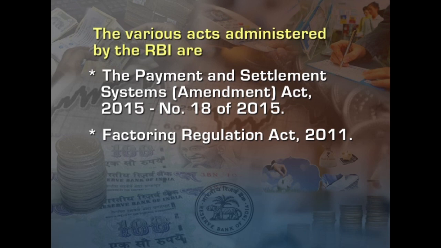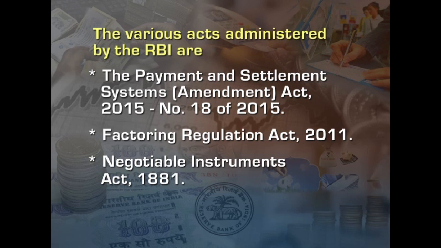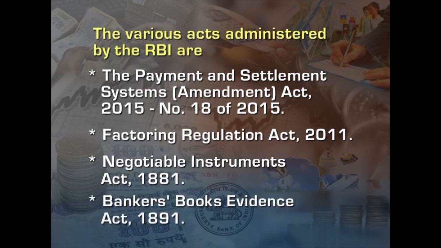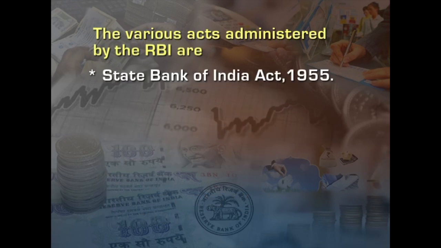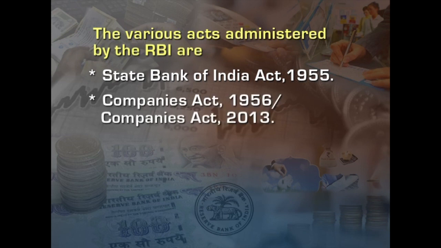Factoring Regulation Act 2011. Negotiable Instruments Act 1881. Bankers Books Evidence Act 1891. State Bank of India Act 1955. Companies Act 1956. Companies Act 2013.